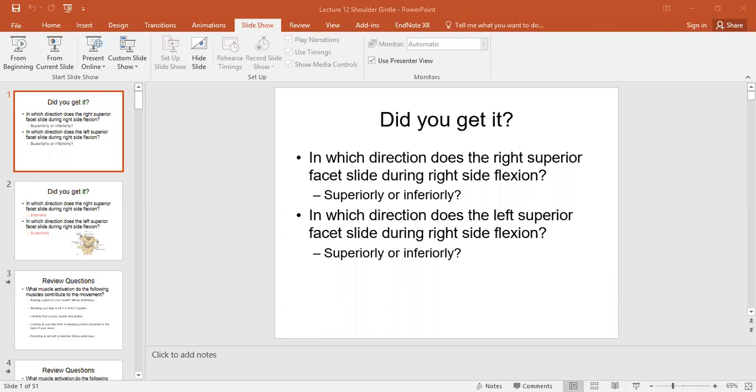So the shoulder articulations, there are 4 shoulder articulations in the shoulder complex itself. Only one attaches the scapula and the arm to the axial skeleton, right? I know you talked about this in anatomy. The sternoclavicular joint, the SC joint, is the only attachment of the whole shoulder complex to the axial skeleton.